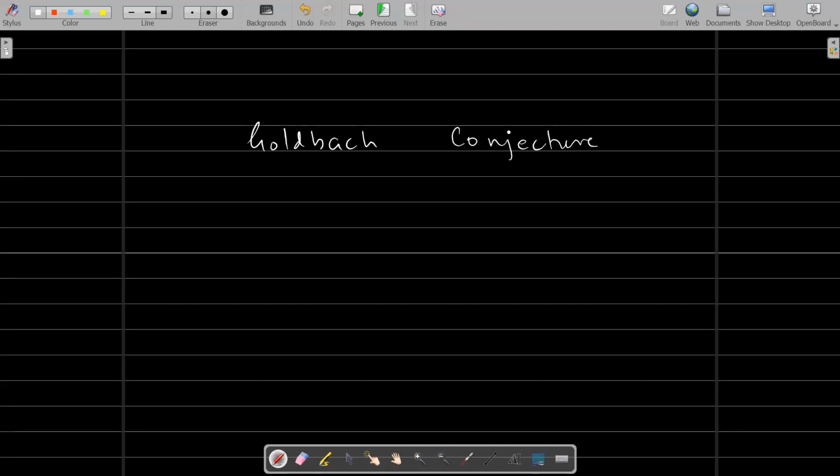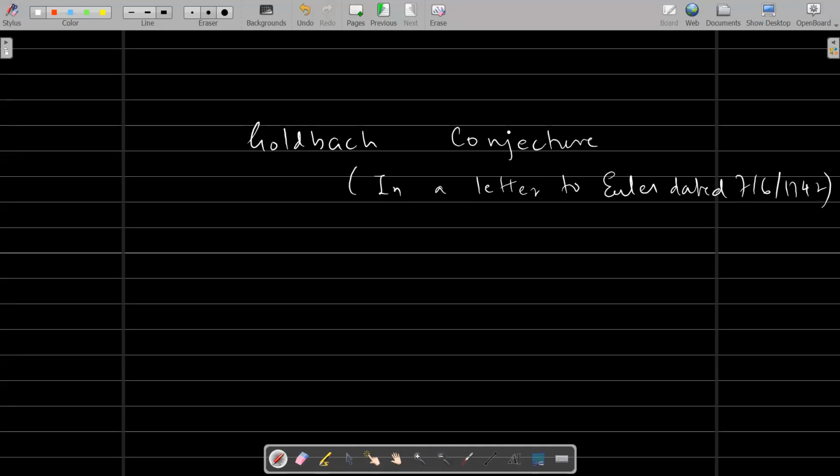So still it's neither proved nor disproved. It's a conjecture. It was mentioned in a letter to the great mathematician Euler, dated 7 June 1742.